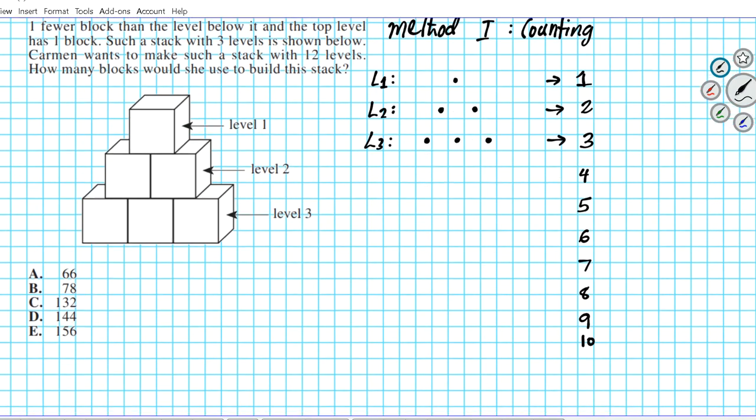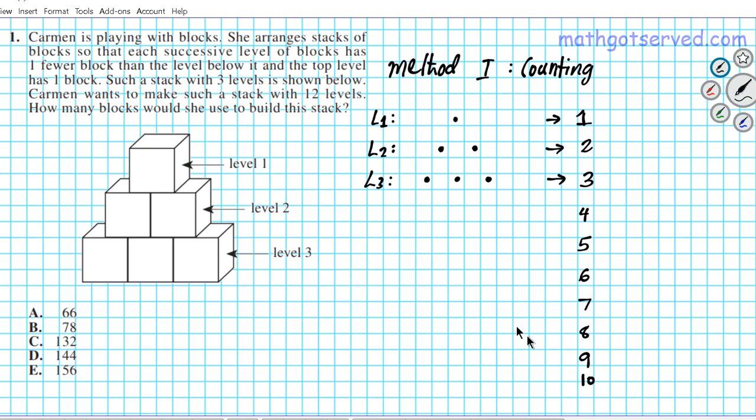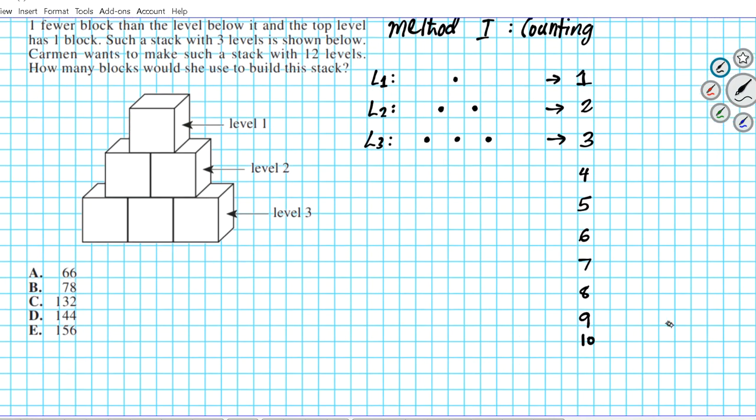For the basic counting method, you just add all these numbers together, going from level 1 all the way down to level 12, and that will be your total.